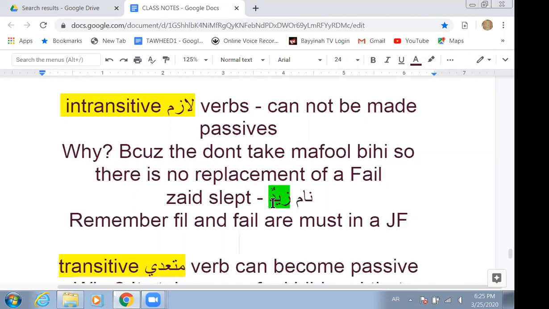Sometimes when we are making majhool, we remove the fa'il from there, but a replacement for it, the acting fa'il, which we say naibul fa'il, takes the place of the fa'il. But when there is a lazim fi'il, which will not take any maf'ul bihi, it is impossible to make it a passive.